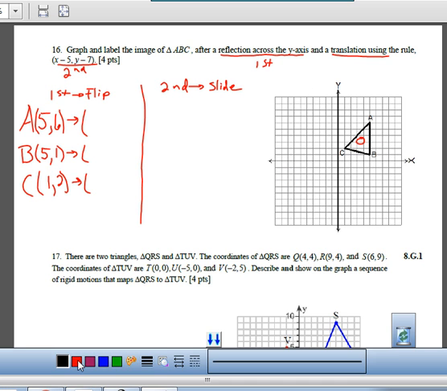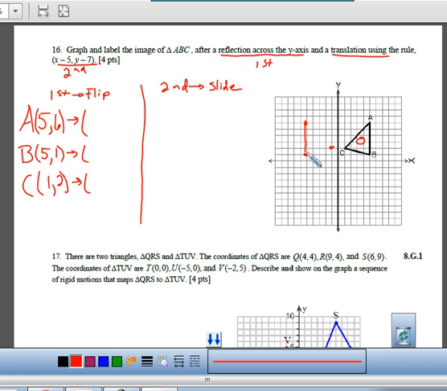Okay, so what I did is I counted the spaces to it and then put my points on the other side. So 1, 2, 3, 4, 5. 2, 3, 4, 5. I think that's right. And then A is directly above that one right there.